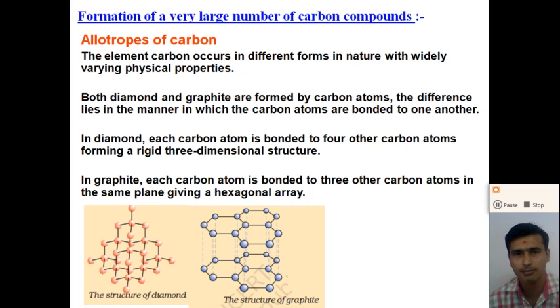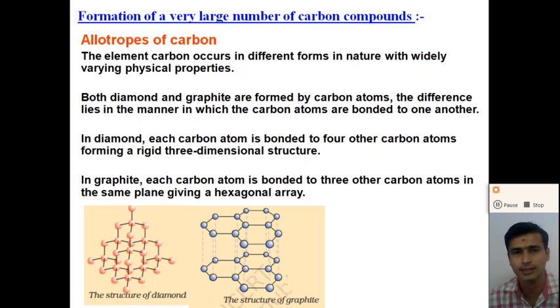The element carbon occurs in different forms in nature with widely varying physical properties. When carbon occurs in different forms in nature with different physical properties, they are called the allotropes of carbon, right?